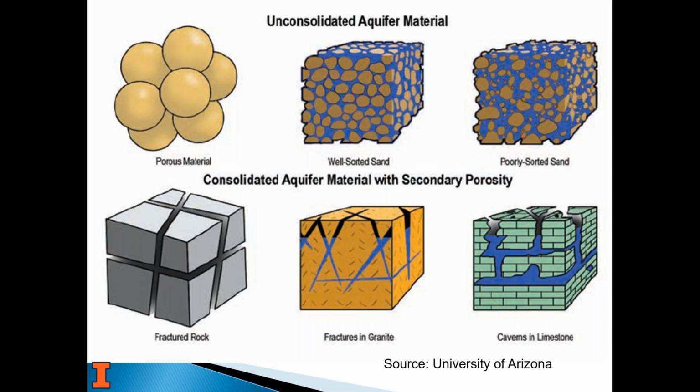So in a fractured rock, as I mentioned, you can have granite where the fractures are small and not as connected, or you think about Southern Illinois, Indiana, Kentucky, Tennessee, where we have a lot of caves, and it's because water readily dissolves this limestone, and that creates fractures and then caves and large crevices where water can be stored.